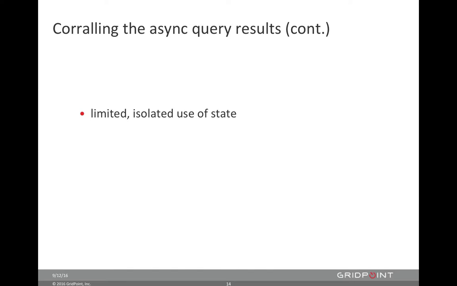You see, I've written our Cassandra client to be as stateless as possible. The worker classes are stateless. The DTOs that represent the incoming and outgoing data are all immutable, but I do make some limited isolated use of state. These are two things I've called ingestion state and completion state. There's not really a sharp distinction between the two kinds of state.